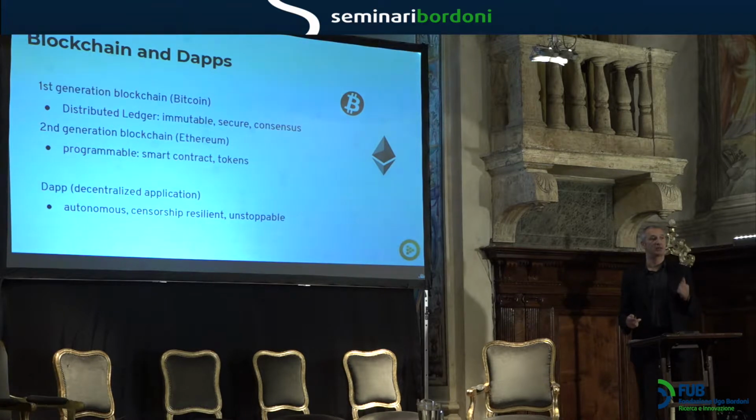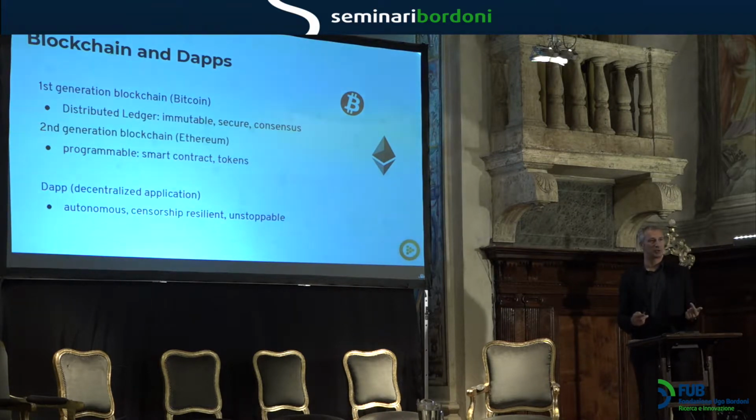There are some characteristics which are very important to understand. First, transactions are immutable. Once a transaction is added in the blockchain, it cannot be removed by anyone. And that's basically what gives the security of the ledger. The second thing that is really important in blockchain is this notion of consensus protocol.